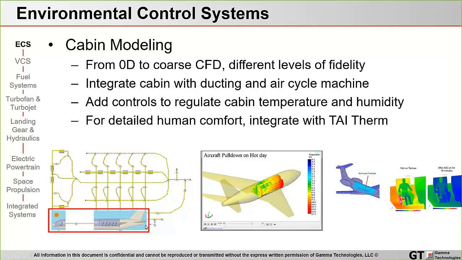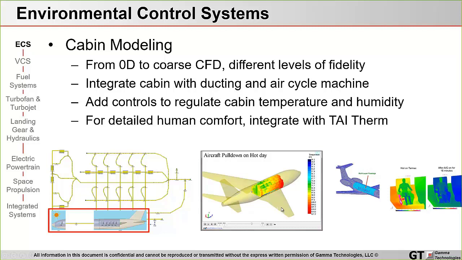What's also interesting about this is that you can then take a control algorithm and implement it to see how you need to set up the controller to do things like regulation of cabin temperature, pressure, and humidity, and so forth. Now, for those that want to take a deeper dive, there's also the ability to do a coarse CFD representation of a given part of an aircraft inside GT.